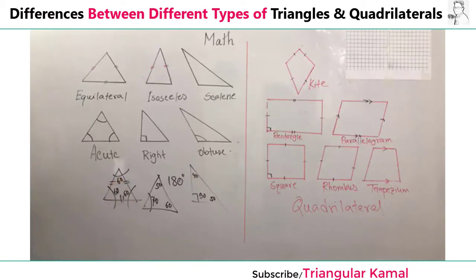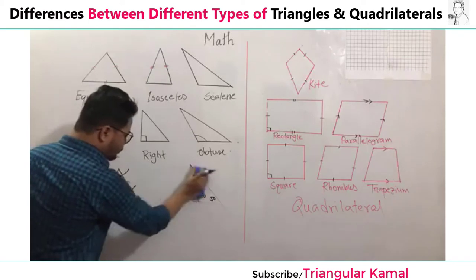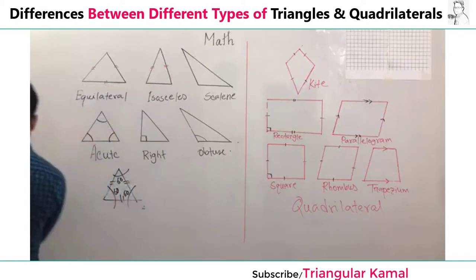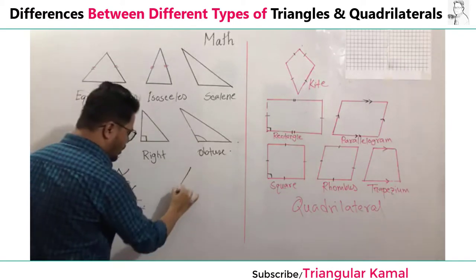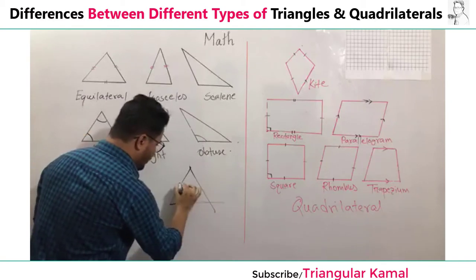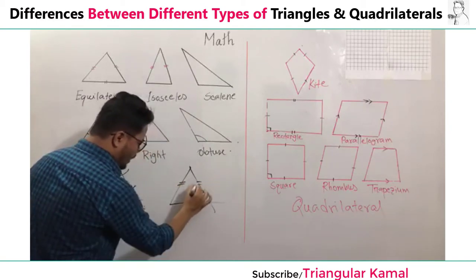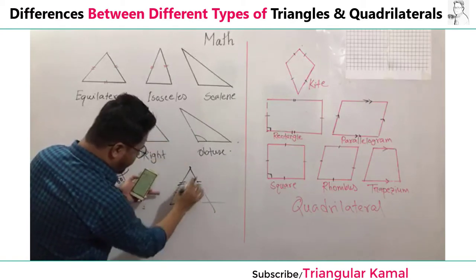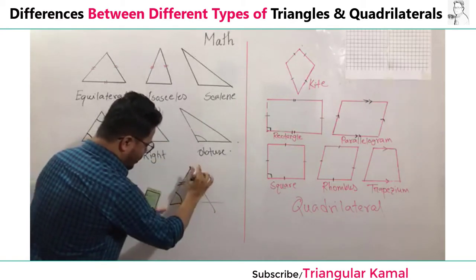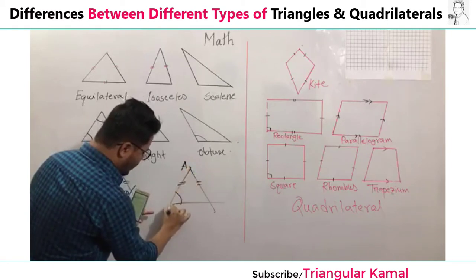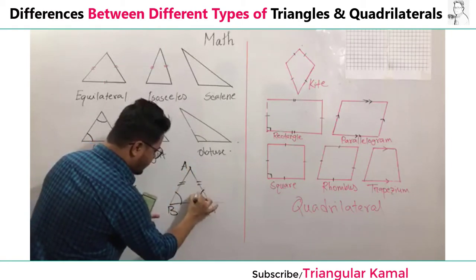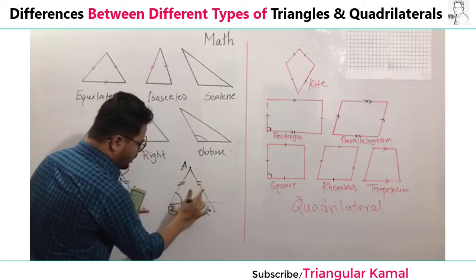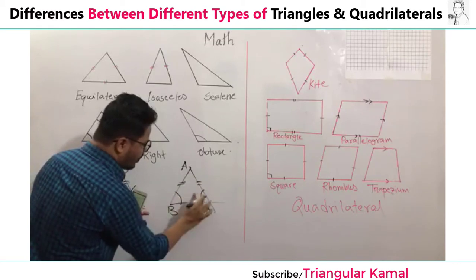Because in our last classes we said that when 2 sides are equal, and the opposite angle of this side is this one, and the opposite angle of AB is angle C, then when these 2 sides are equal, the 2 angles will be equal.